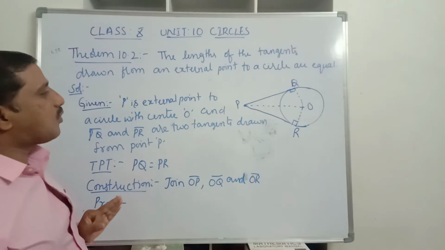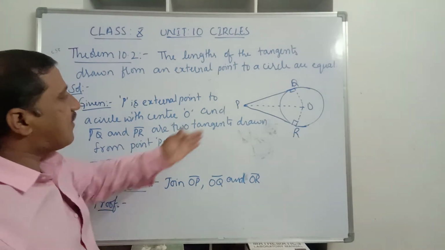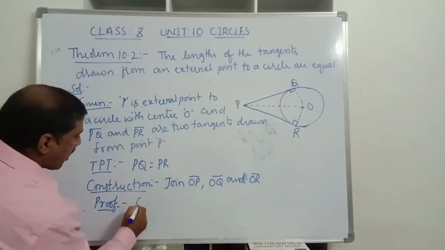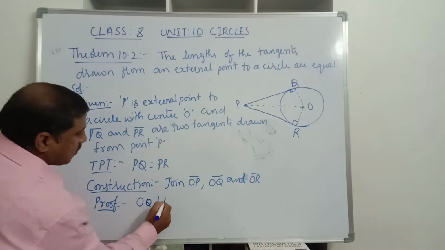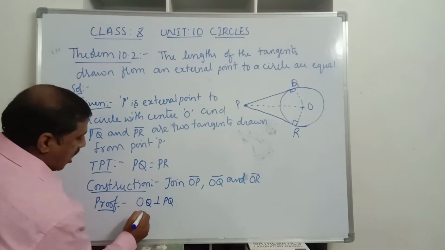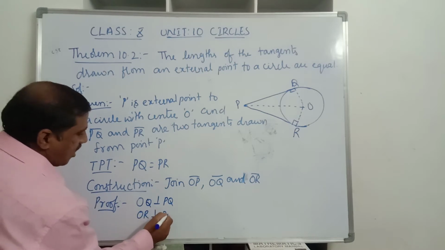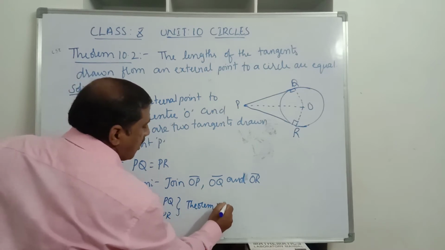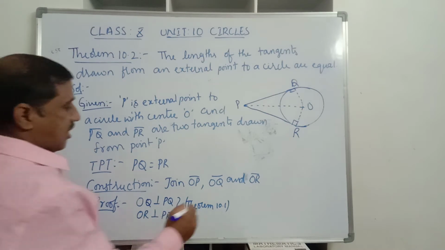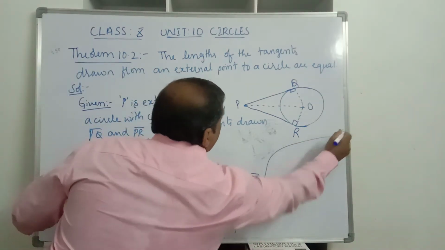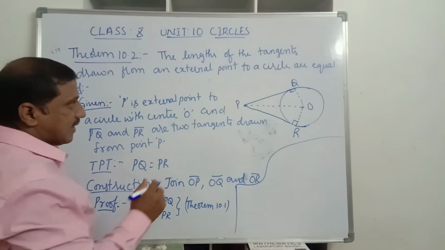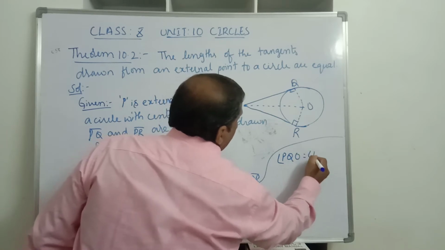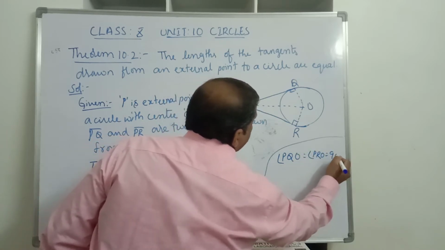So by proving these two triangles congruent, by CPCT we can say that PQ is equal to PR. Now you see here, OQ is perpendicular to PQ and OR is perpendicular to PR, by Theorem 10.1. When they are perpendicular, the angle is 90 degrees, that is, angle PQO is equal to angle PRO, 90 degrees each.